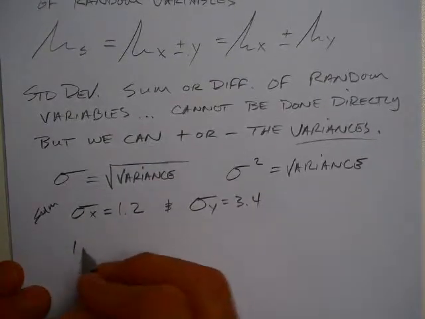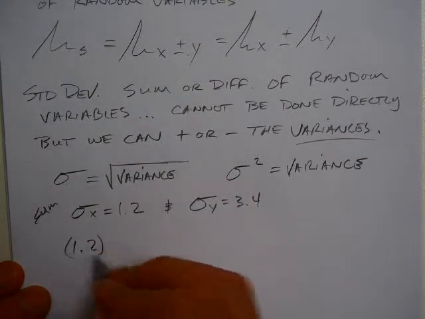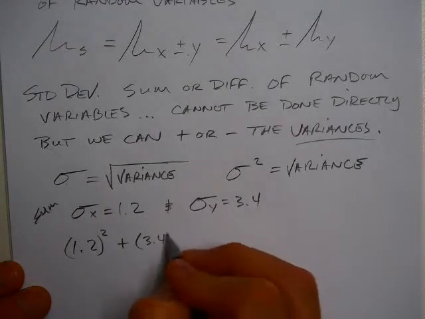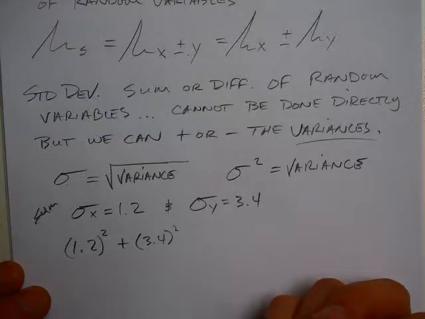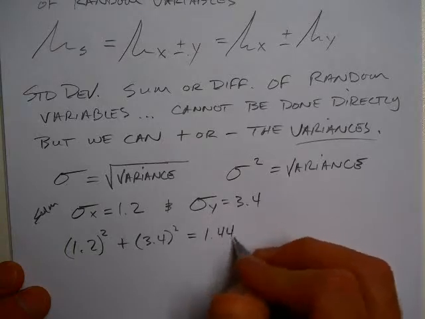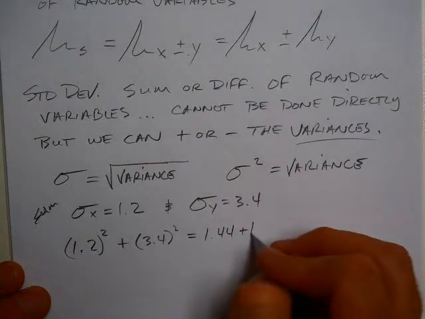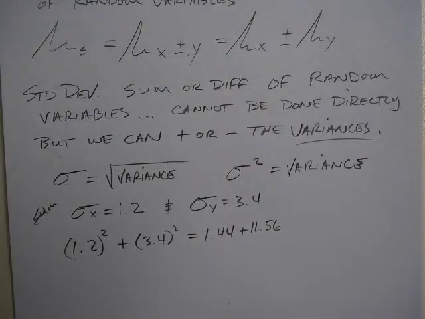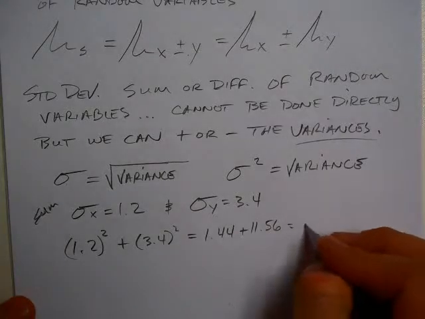So I'm going to take 1.2 and square that, then add it to 3.4 squared, which gives me my variance values, 1.44 and 11.56. These would be the variance values, and I can add them, which is going to be 13.